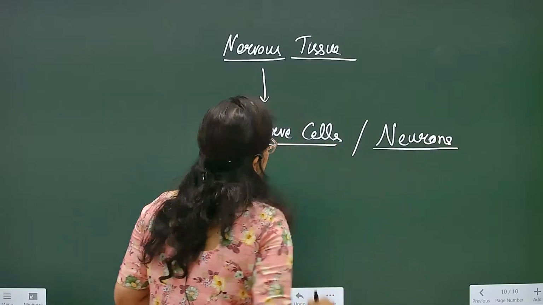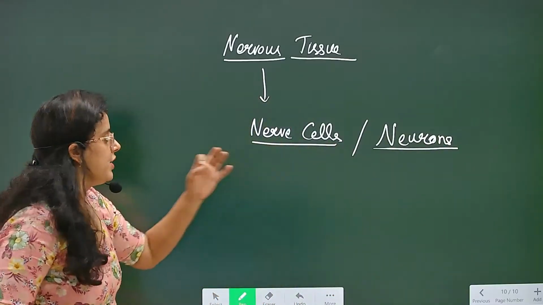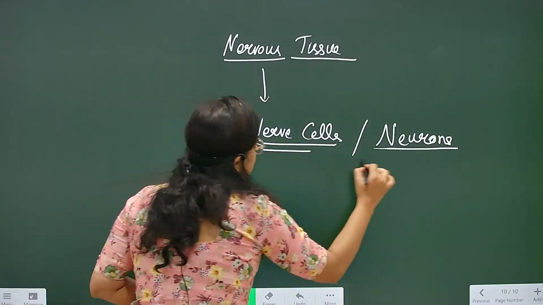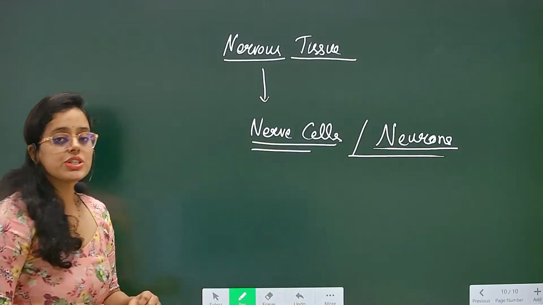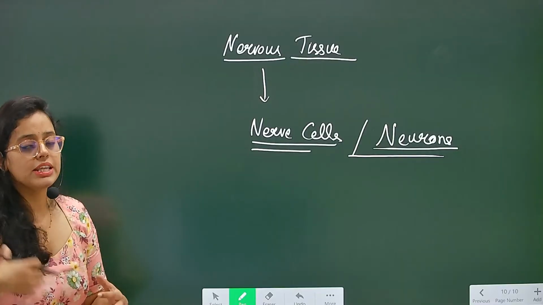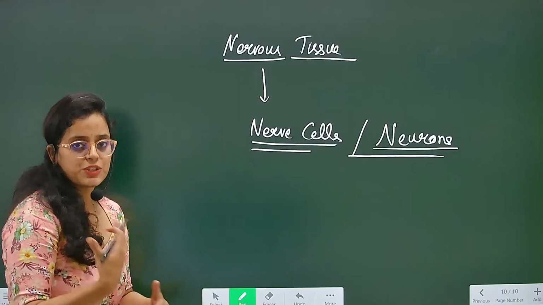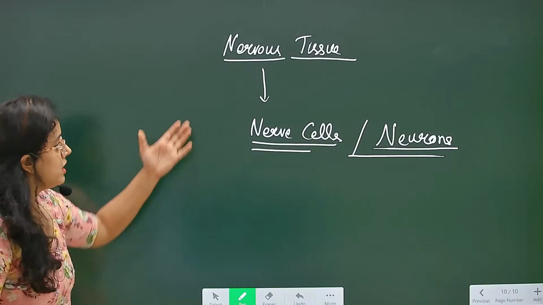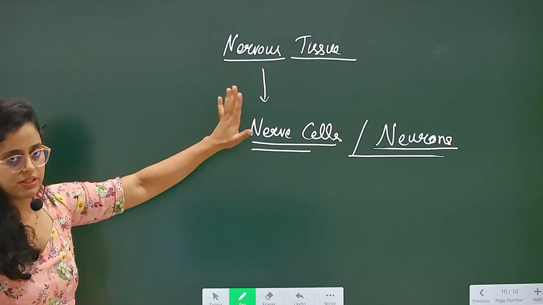Nerve cells and neurons are specialized cells which carry stimulus from the external environment to the internal environment, and then from internal to external, the response. Okay, this is called nervous tissue.